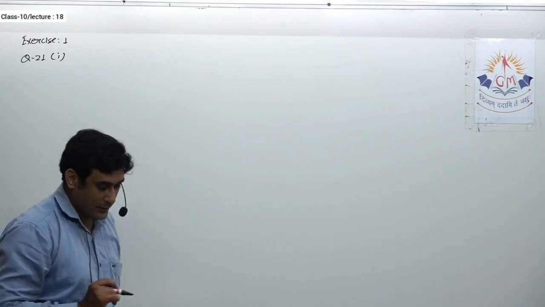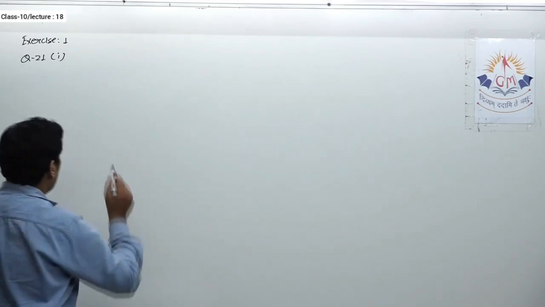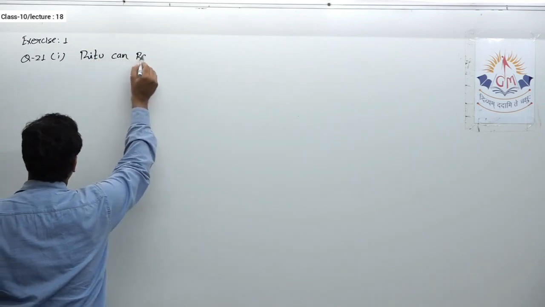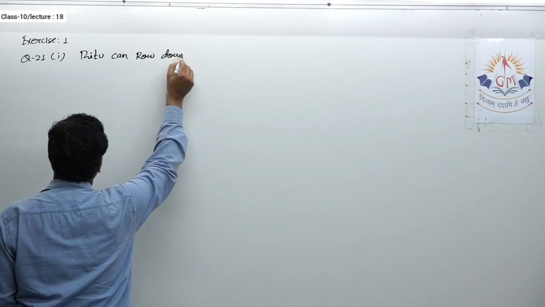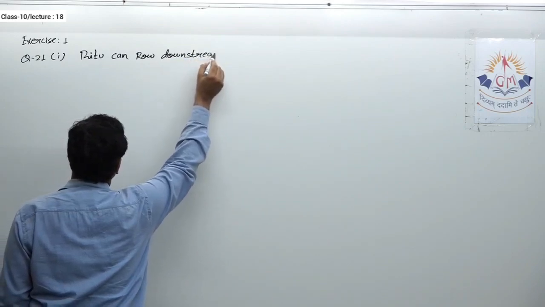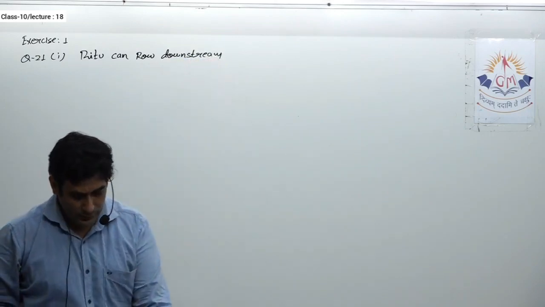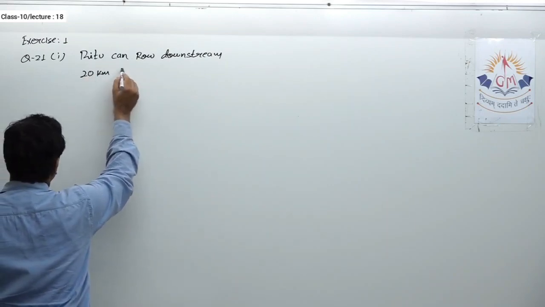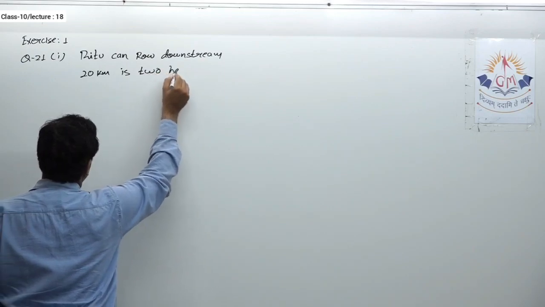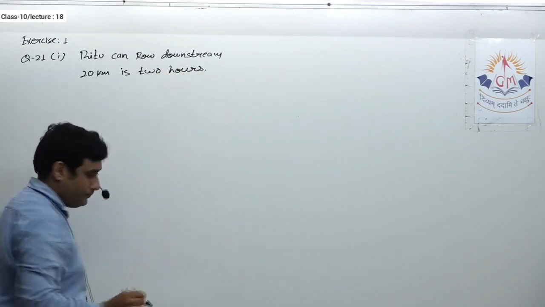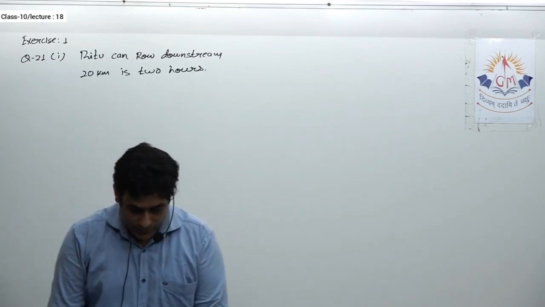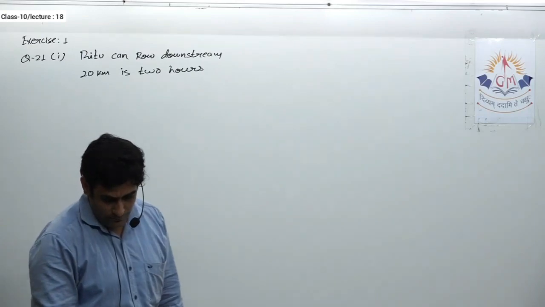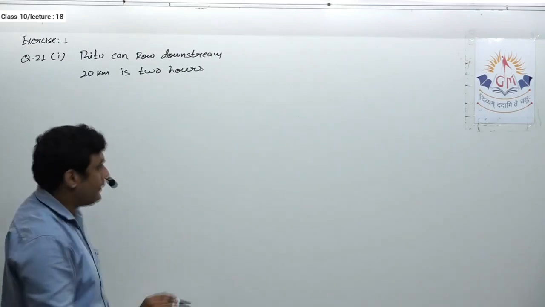The first question is, Ritu can row downstream 20 kilometers in 2 hours, and upstream 4 kilometers in 2 hours.